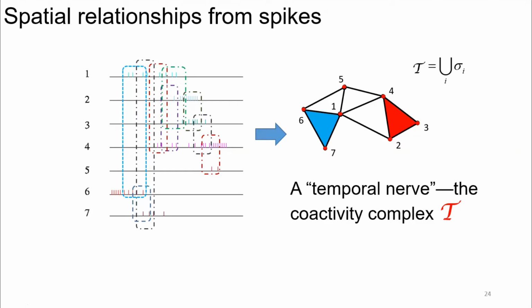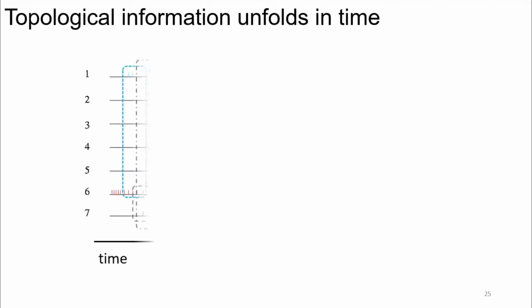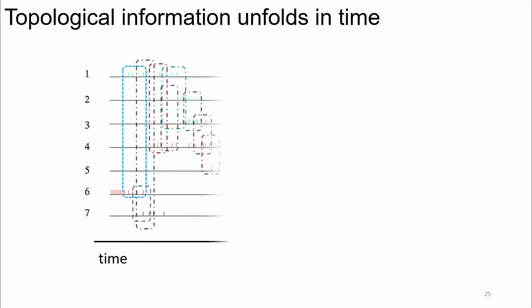Now, this is all fine, but I would like to mention there's actually a very important difference between the construction of the nerve complex as it's represented in standard algebraic topology textbooks and this construction. The difference is that spike trains are unfolding in time.